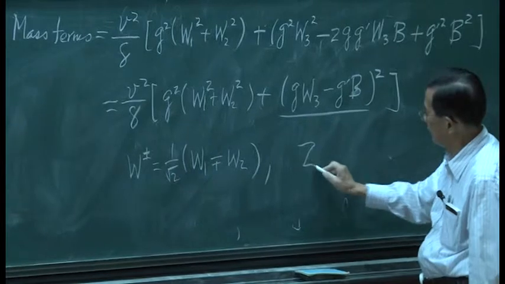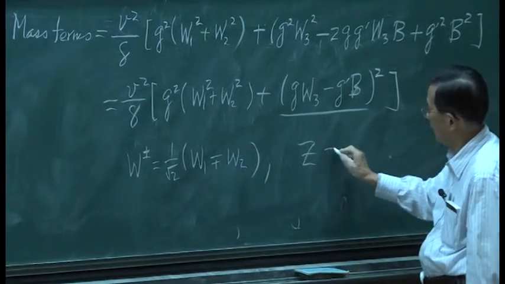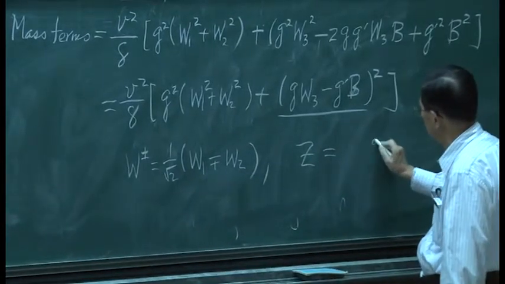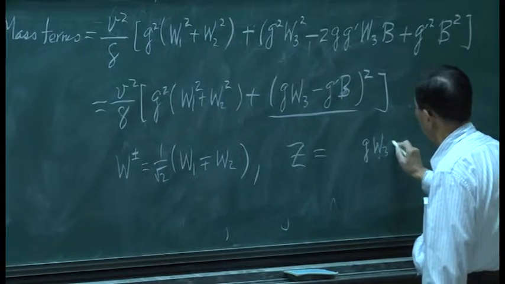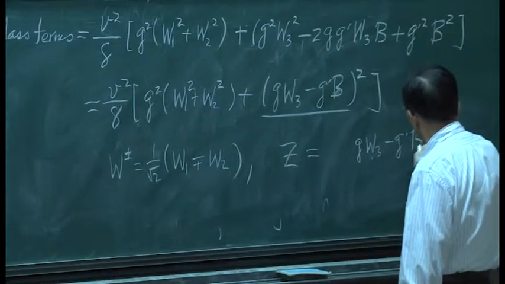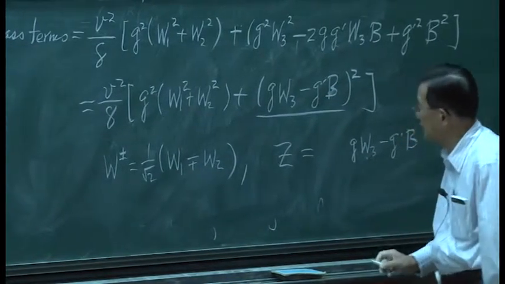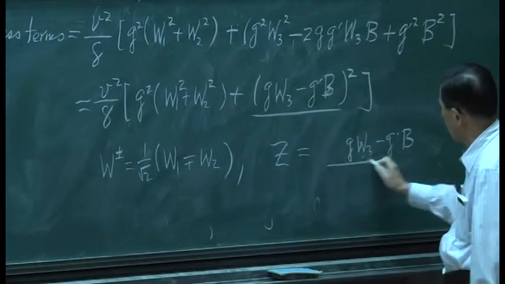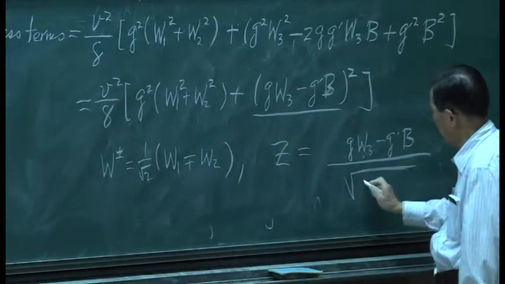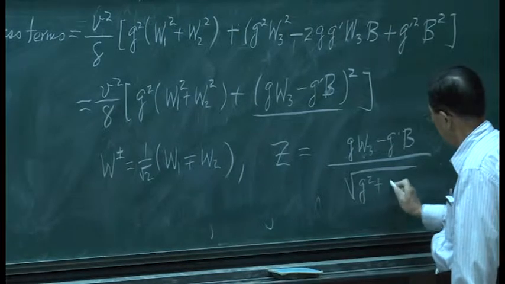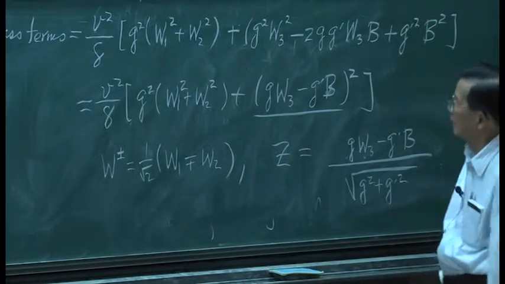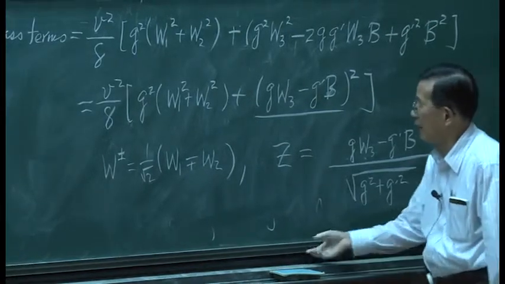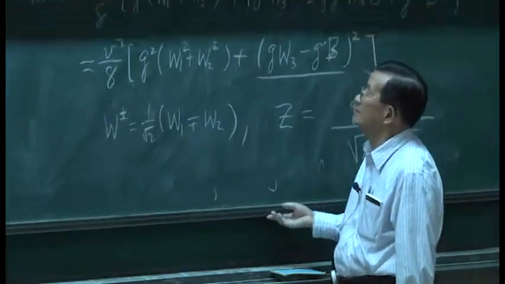So let's call it the Z field. Z will be equal to g W3 minus g prime B, but I must normalize it because of this, so I divide by the square root of g squared plus g prime squared.